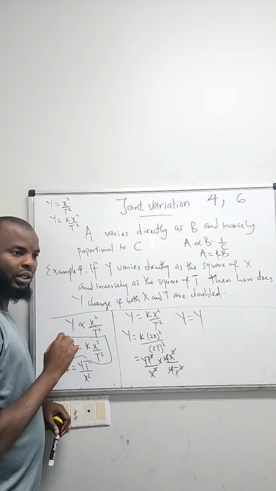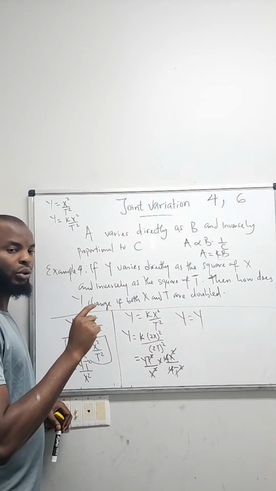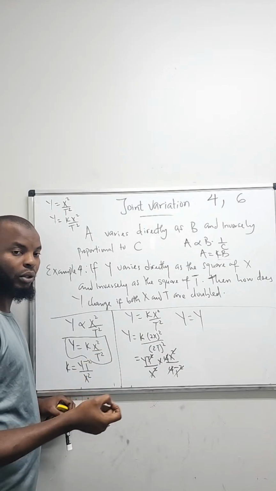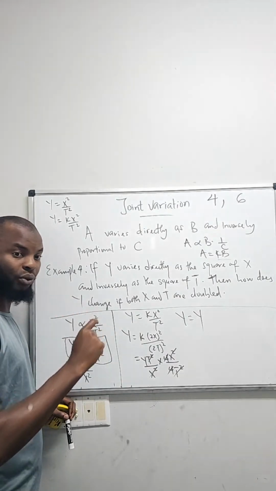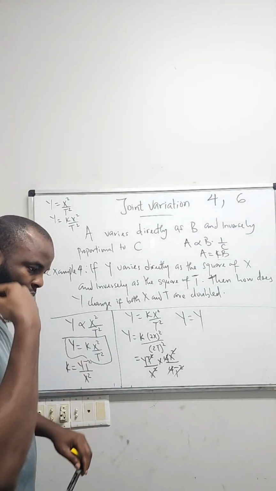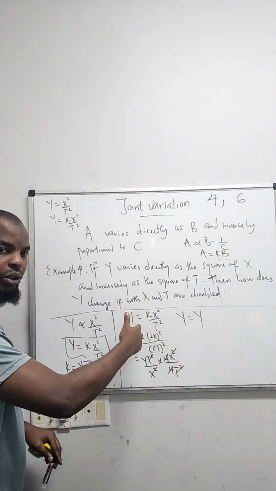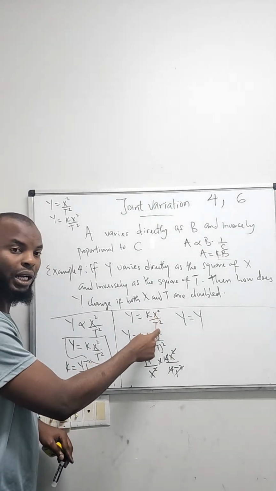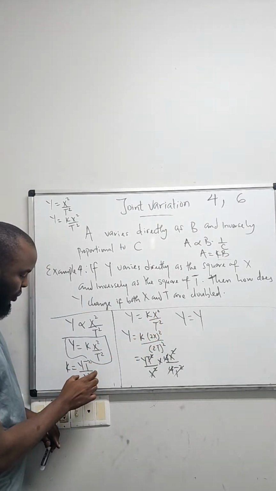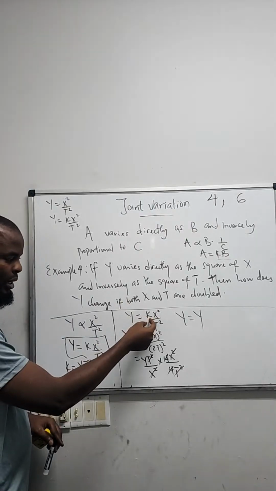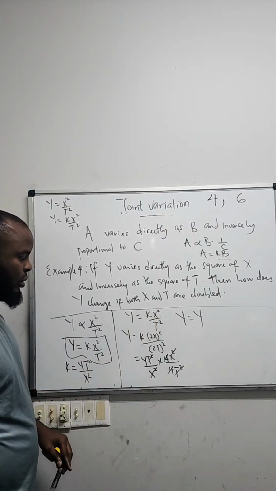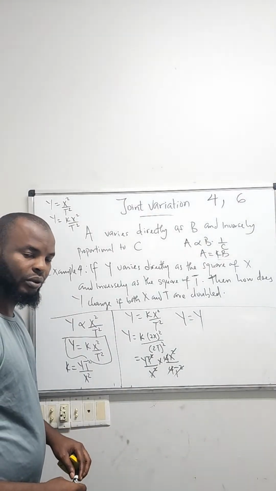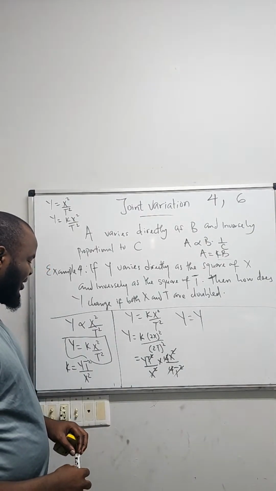Anytime you are given this equation, what you need to do is make k the subject of the formula. If you look at the previous example we did, we got a value for k. So you will now plug the constant back into the given equation based on the new values given to the variables. And knowing that y is not going to change, I gave you the same formula as before.